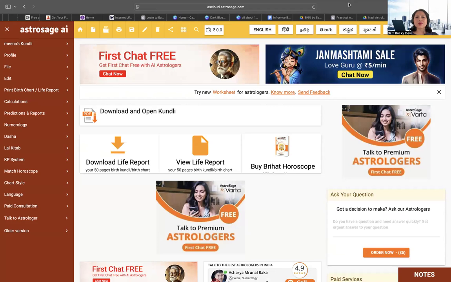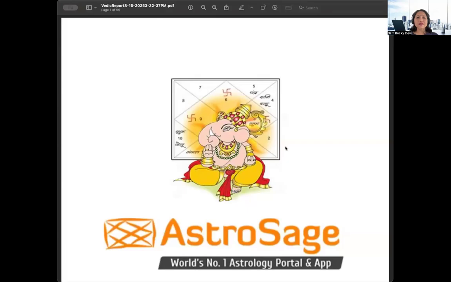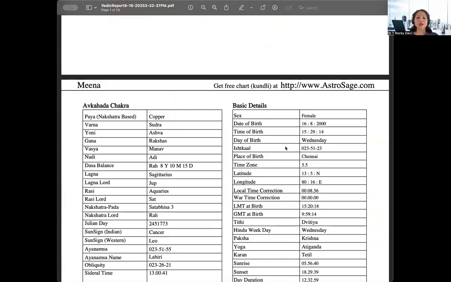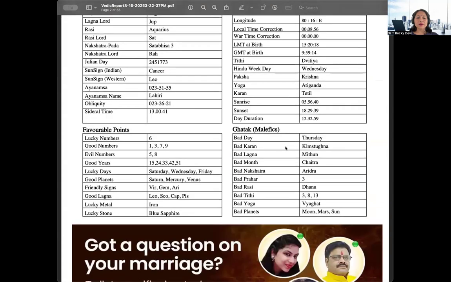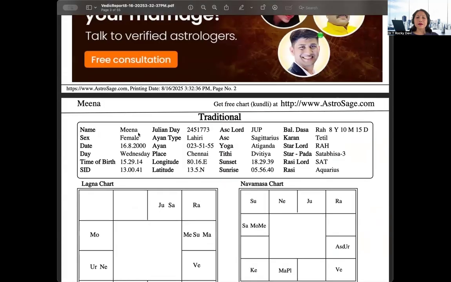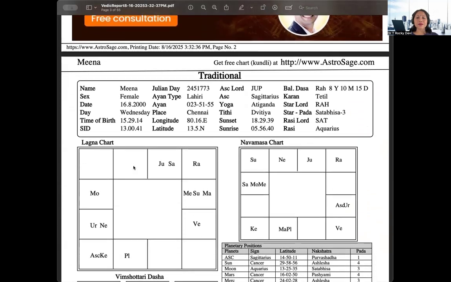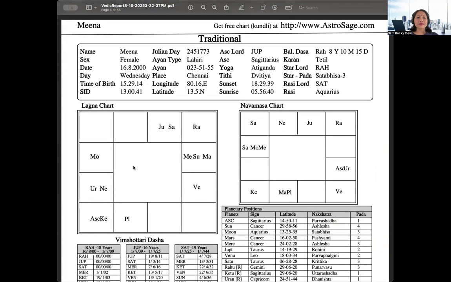So let me share with you how the chart looks. This is the downloaded chart. In this downloaded chart, you will see that person's Kundali: Meena, female, born on 16/8/2000, Wednesday, time of birth 3:29, as per the Chennai address.